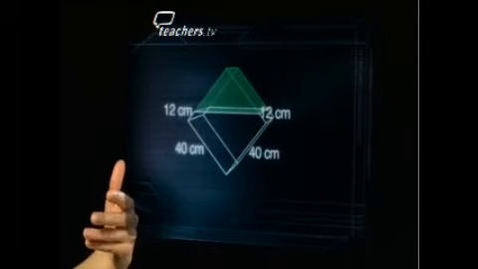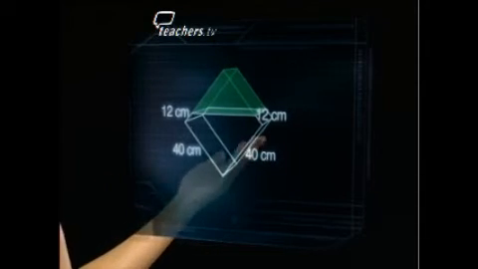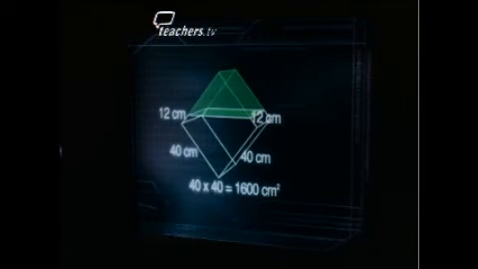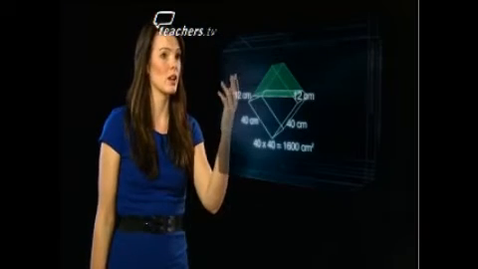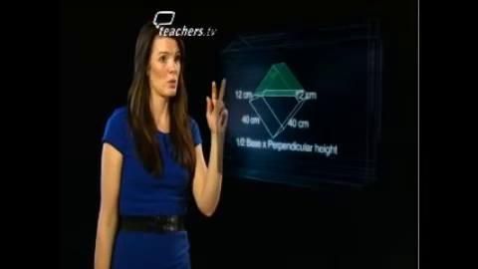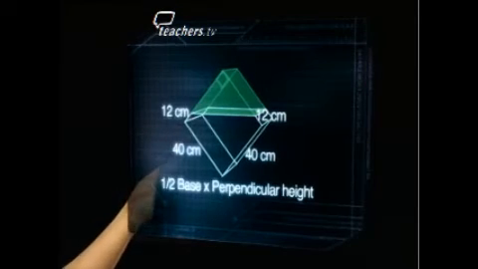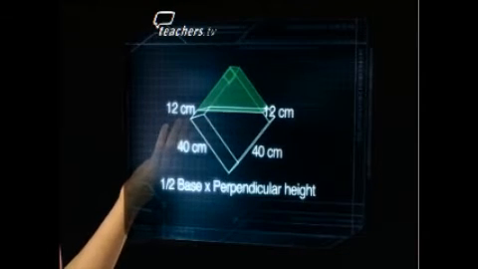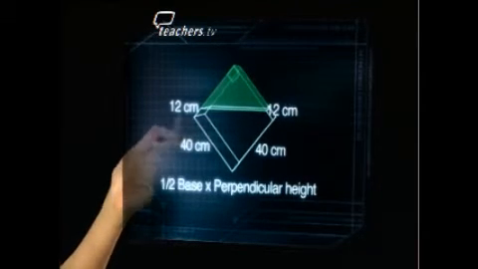So the area of the square, well, that's pretty easy. That's length times width, 40 by 40, which gives us 1,600. And the area of the triangle, that's going to be half base times perpendicular height. So, the base is, well, we know the sides of the square are 40 centimetres, and the triangle starts at 12 centimetres on both sides.